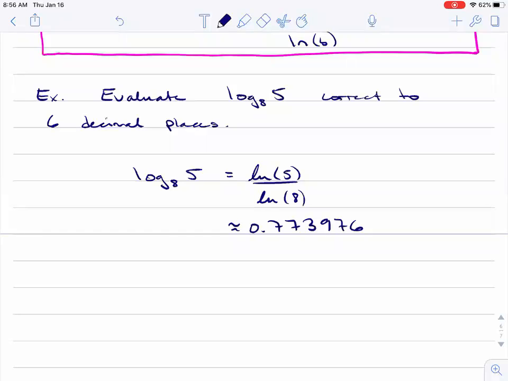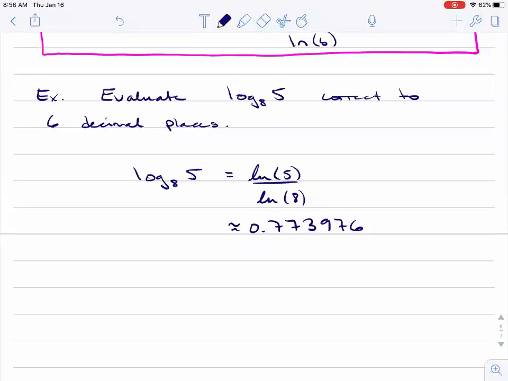So log base 2 of 16 is the natural log of 16 over the natural log of 2. You give it a go. The natural log of 16 divided by the natural log of 2 gives us 4, which was the answer we landed on. 2 to the power of 4 is 16. But I just way prefer to have these kind of hard rules that we can follow for these log of any base problems.